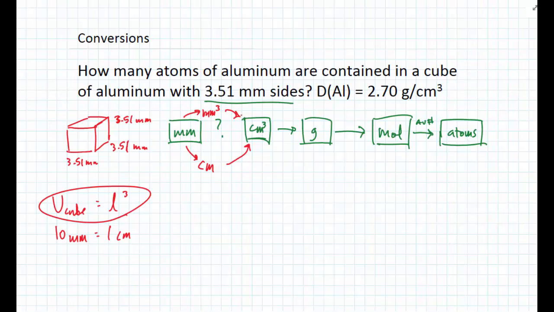So maybe just get an answer right here, and then you need to cube it in order to get a cube. Yeah. Okay. How are we doing over here? Be a little bit careful because while there is 1 centimeter in 10 millimeters, when you cube those, you also have to cube those numbers. So I think you need a 10 cubed right there.